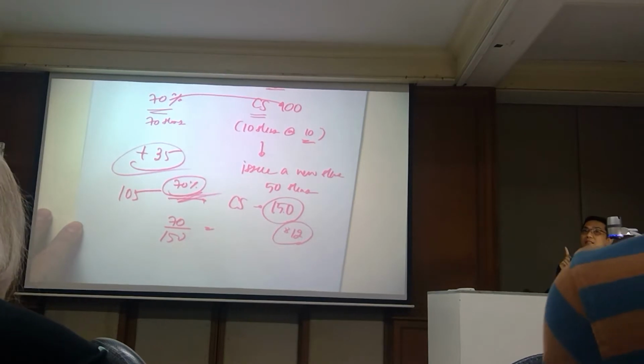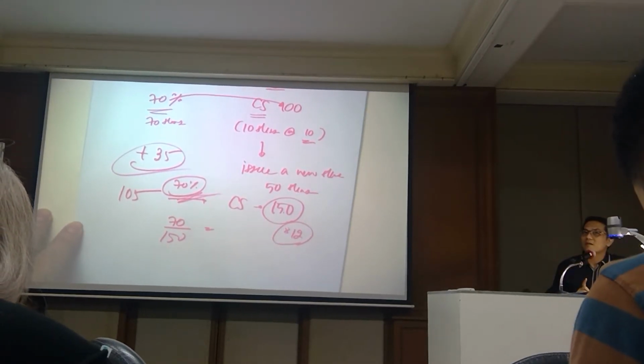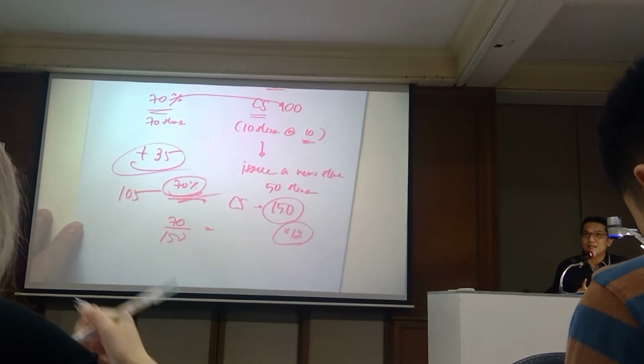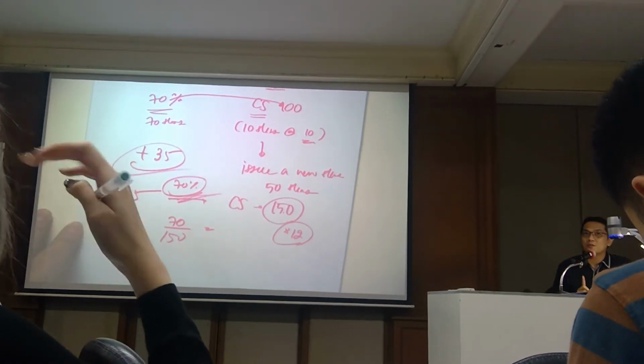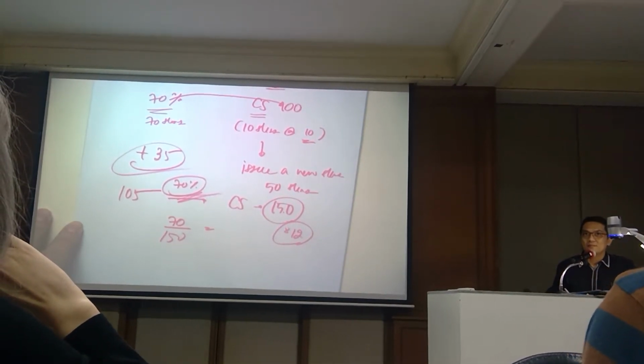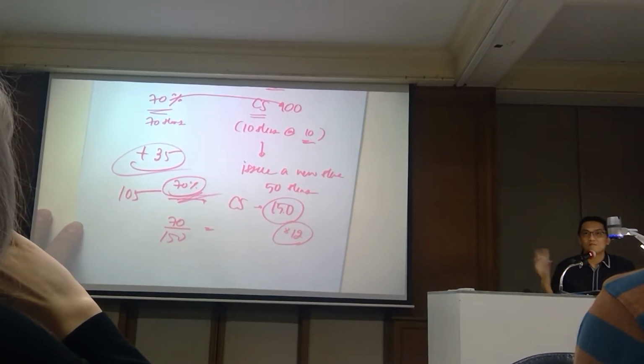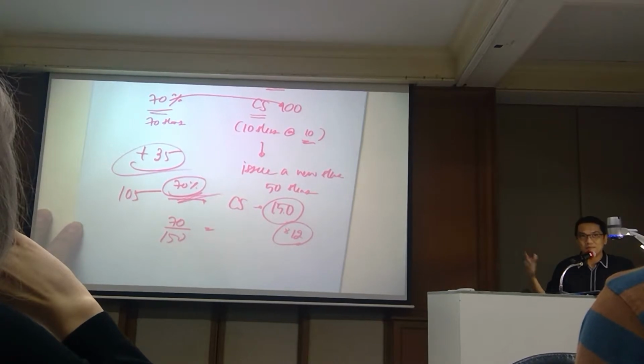We want to remain the same ownership. We cannot recognize any gain or loss in this case. It's going to affect your equity. Even though you buy above par or under par, doesn't matter. You need to recalculate again.